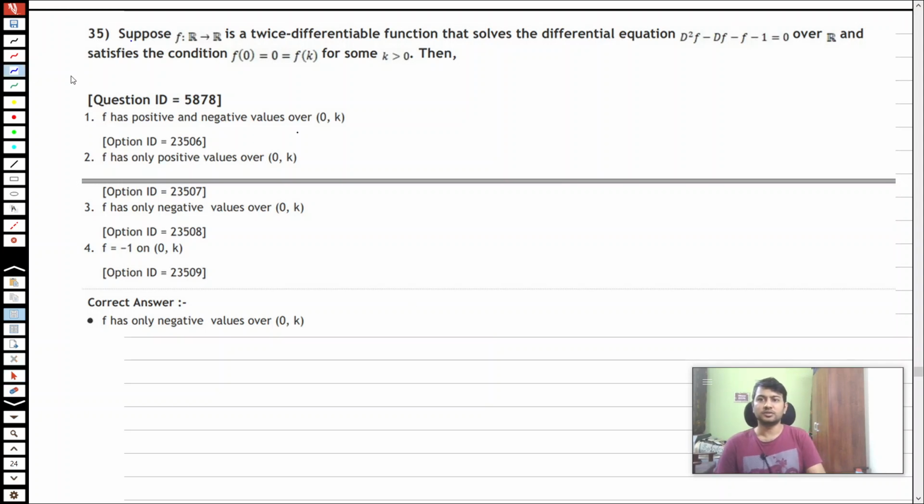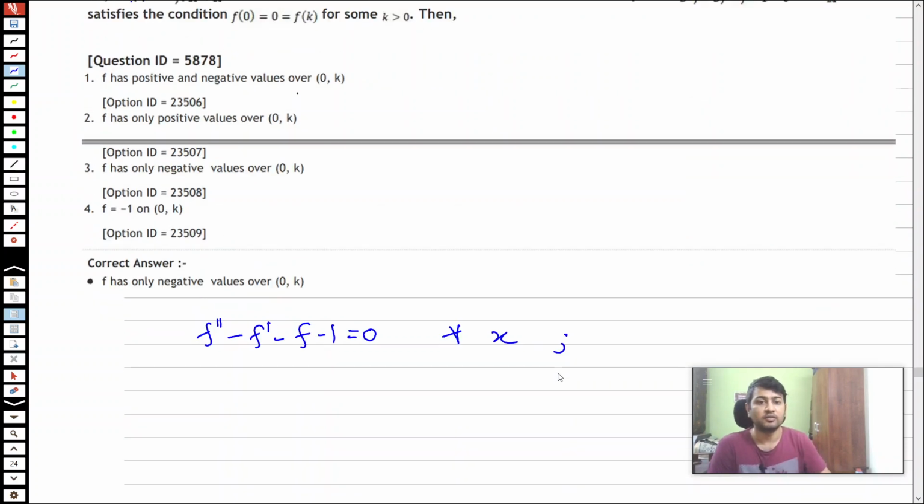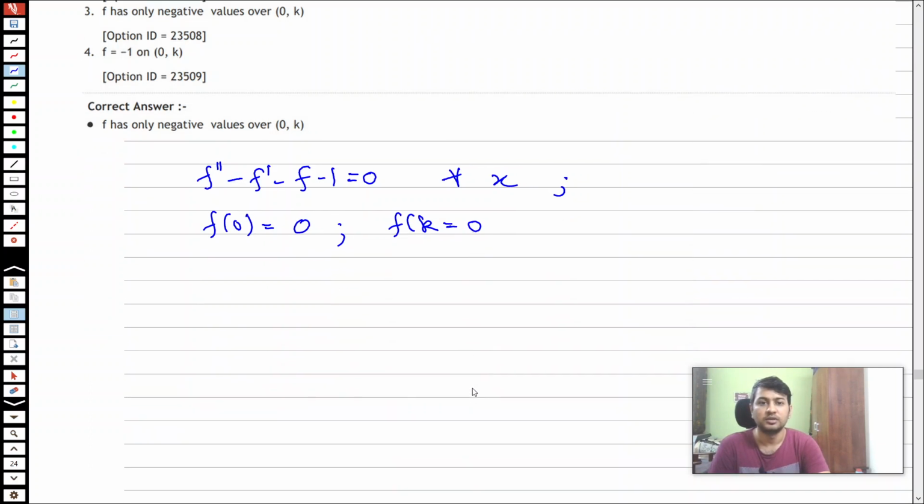In the 35th question, we have a twice differentiable function which satisfies the property that f double prime minus f prime minus f minus 1 is equal to 0 for all values of x. Furthermore, it's given that f of 0 equals 0 and f of k is also equal to 0.